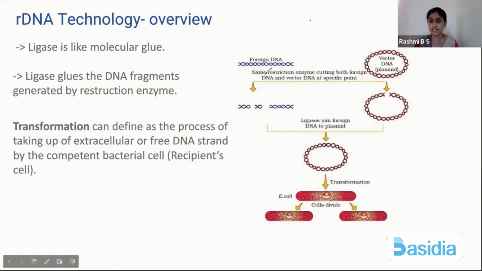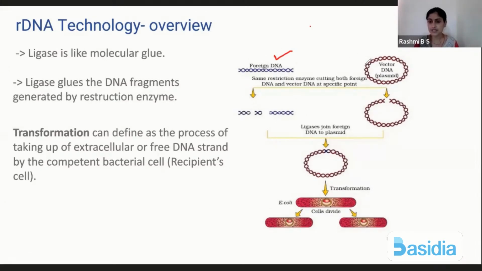So you know that foreign gene is there, plasmid is there. I'm using restriction enzyme to make the fragments. So using ligase enzyme, I made the recombinant DNA, right? Yes. Now I have to transfer this recombinant DNA into E. coli, right? This process is called transformation, children. This is a very important word, transformation.